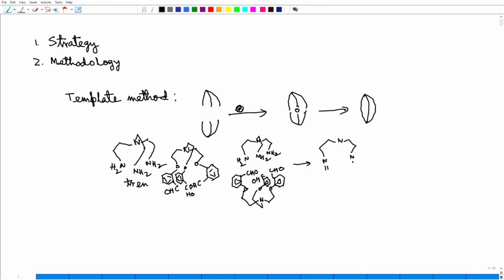double bond, then, okay, and here also. Maybe on this side I will put it, it will be easier.